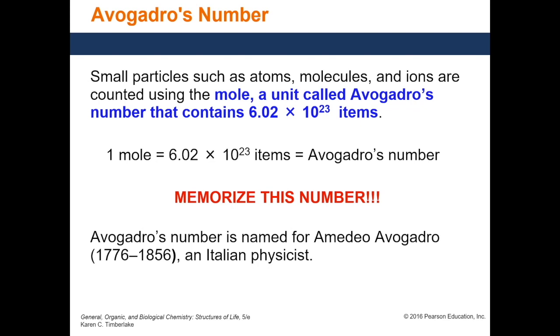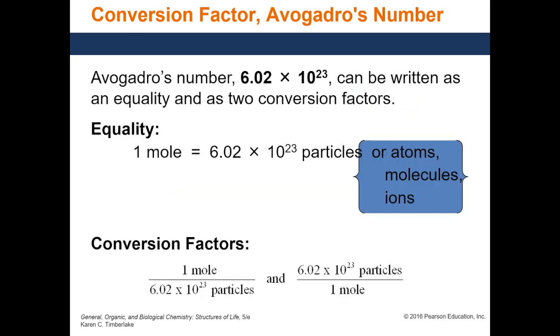Just make sure 1 mole is just a unit defined as Avogadro's number. So basically you could say 1 mole is these many particles. Particles can be in terms of atoms, molecules, or ions.